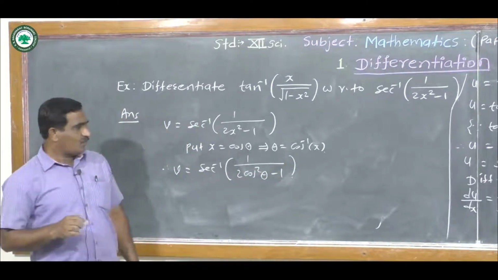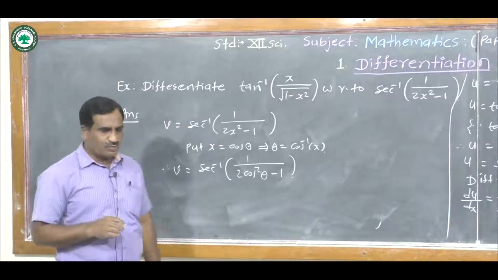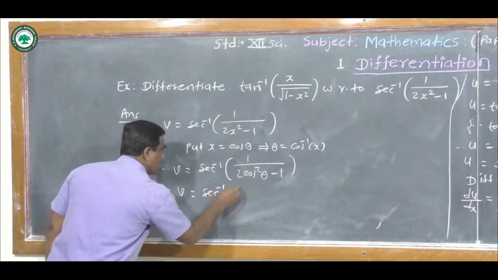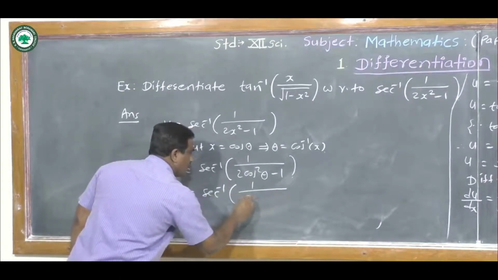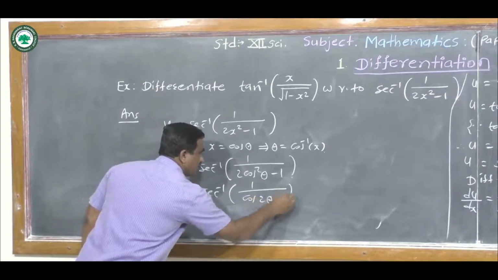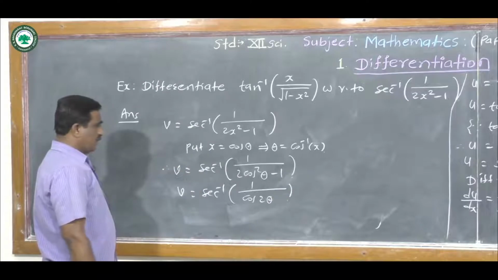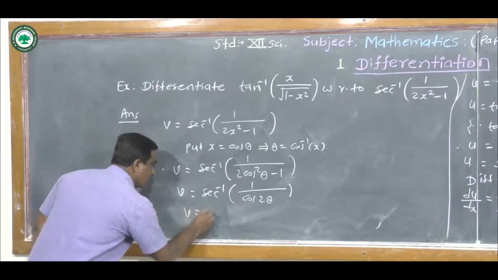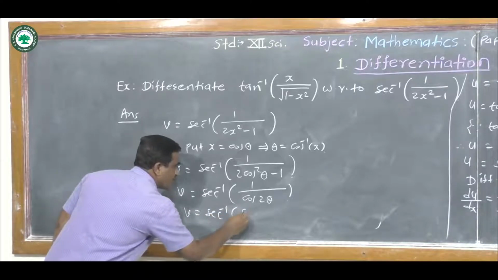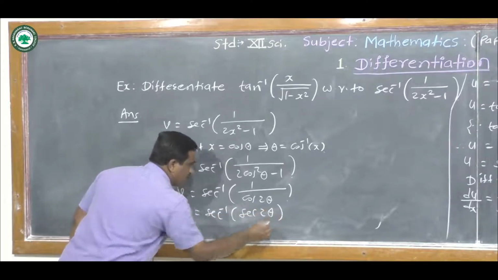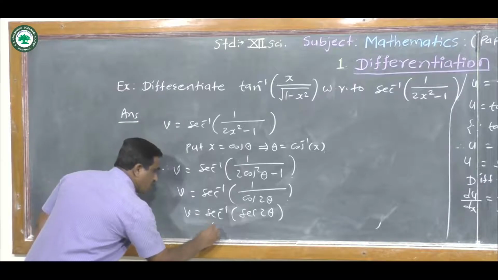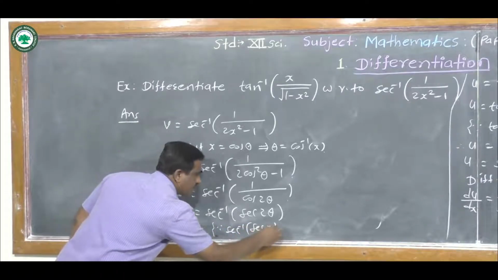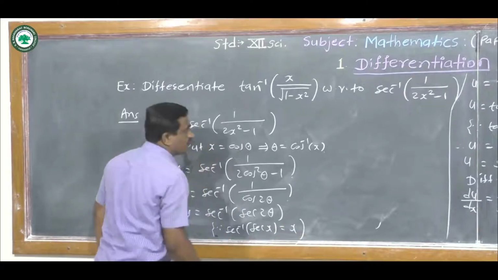Now we know that 2 cos square theta minus 1 is equal to cos 2 theta. That is v is equal to sec inverse of 1 upon cos 2 theta. That is, 1 upon cos 2 theta means sec 2 theta. V is equal to sec inverse of sec 2 theta. Now use this formula, since sec inverse of sec x equals x.